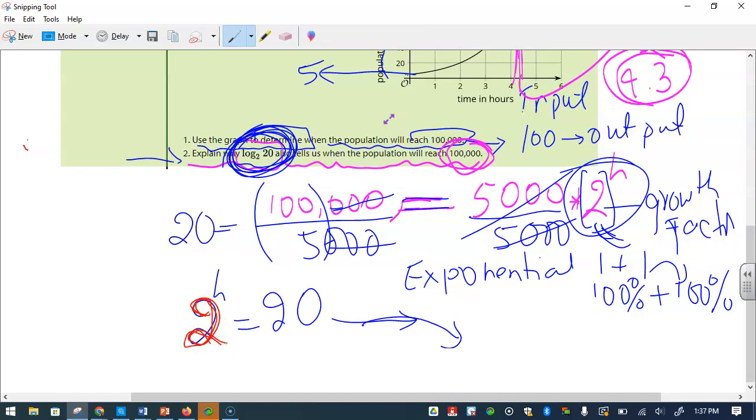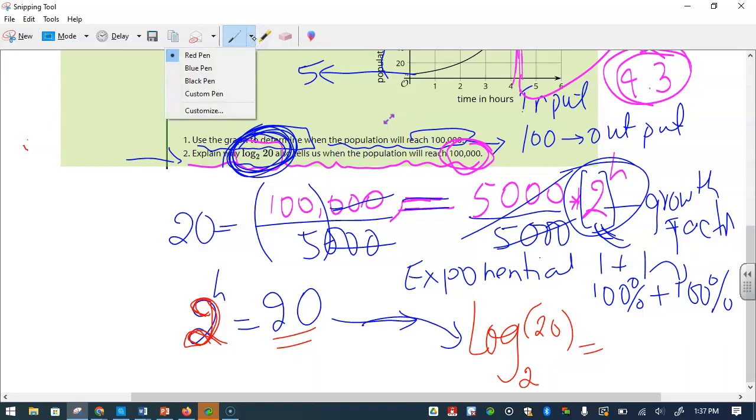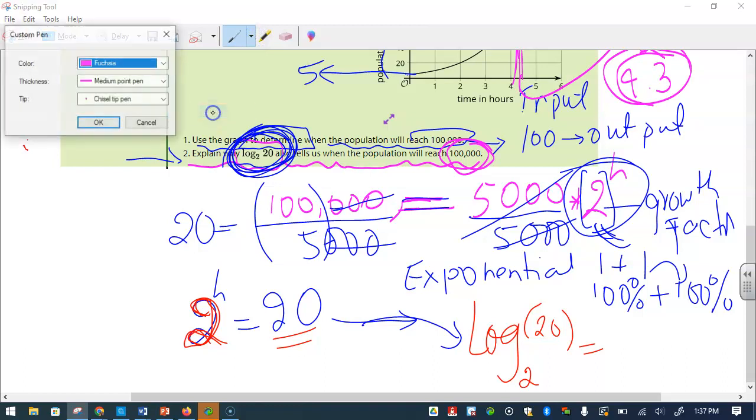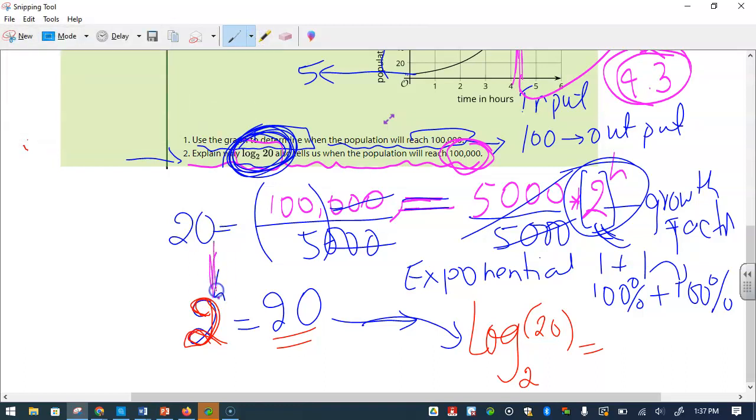So when you write it in log form, the 2 is written at the bottom, and whatever the output is here becomes the input here. This h is the input for the exponential function, this one. So this becomes h, and you're done.